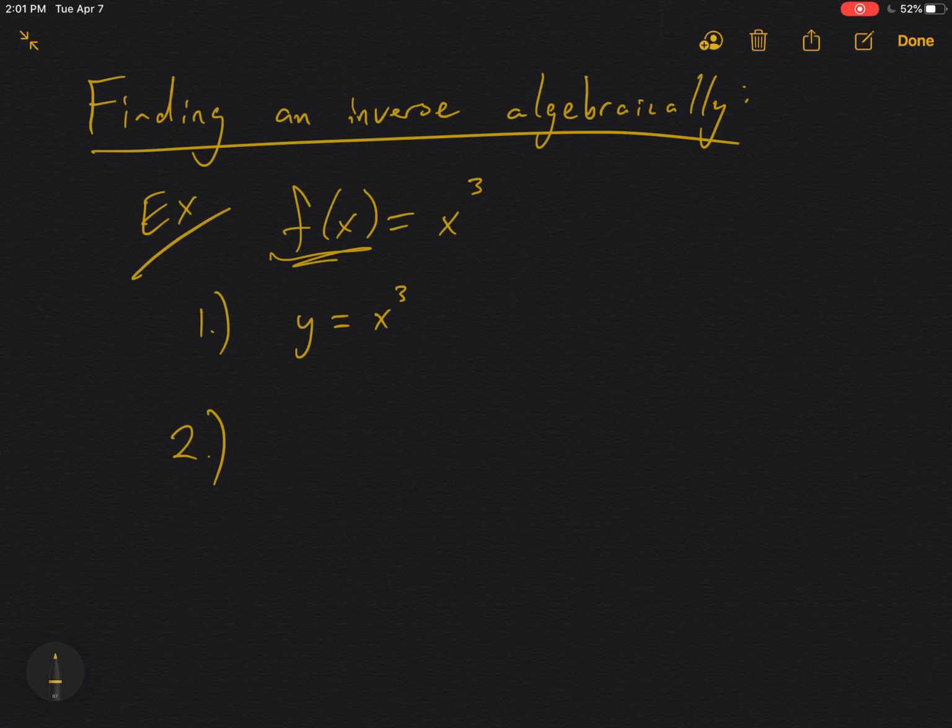The reason that I want to write it this way rather than with the function notation is that now I can swap the roles of x and y. And that would give me x is equal to y cubed. So I'm literally just replacing x with y and y with x in the formula that I had up above.